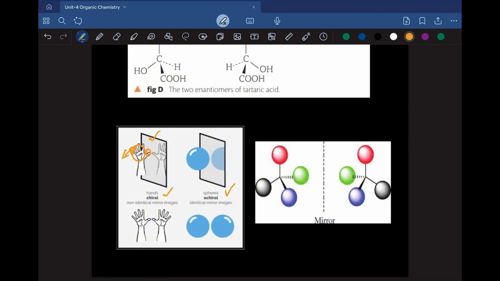But in the picture, your thumb is on the left side and your fifth finger is on the right side. So this is how they are non-superimposable. They cannot be on the same side. So basically they are non-superimposable on its mirror image.